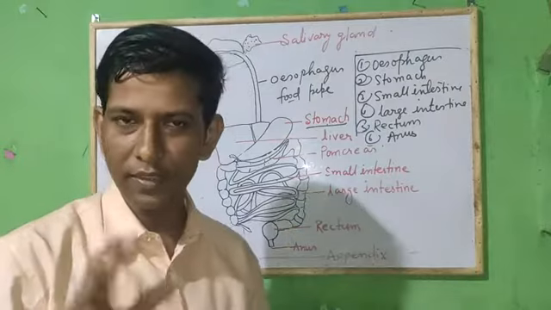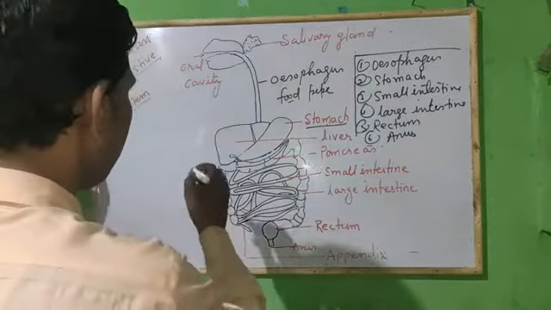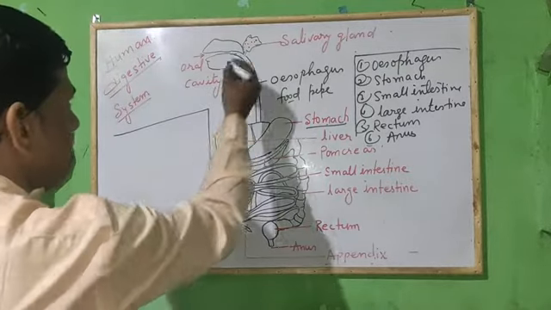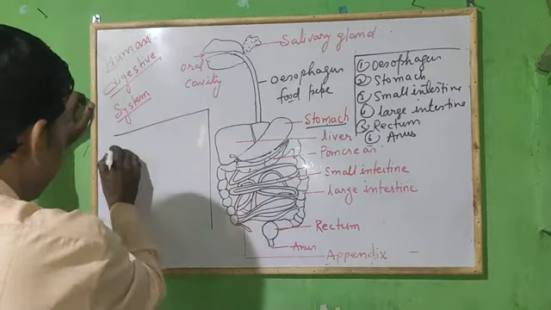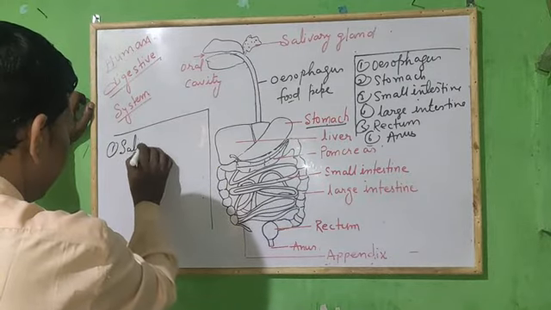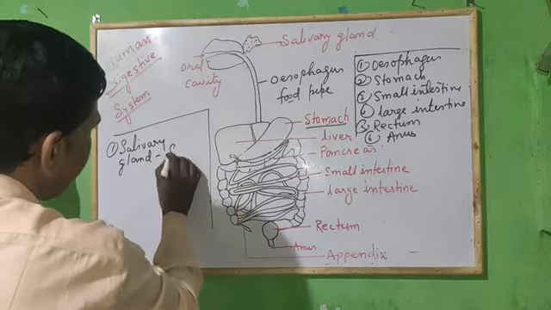Not only these organs, certain glands are also working together. What are the glands? The first gland is in the buccal cavity, in the mouth only, that is the salivary gland. This gland releases saliva.